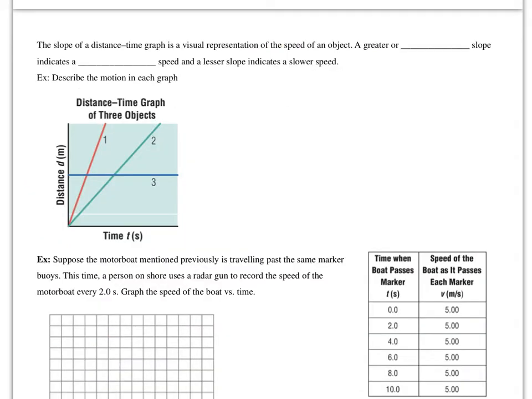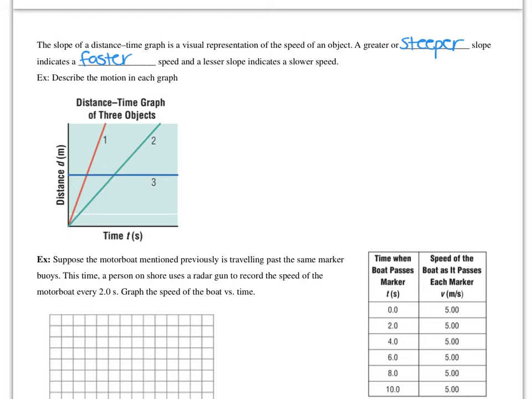The slope of a distance time graph is a visual representation of the speed of an object. The greater or steeper, oops, that's not a great color to see on the board, or steeper the slope indicates a faster speed, and a lesser slope or more gradual slope indicates a slower speed.